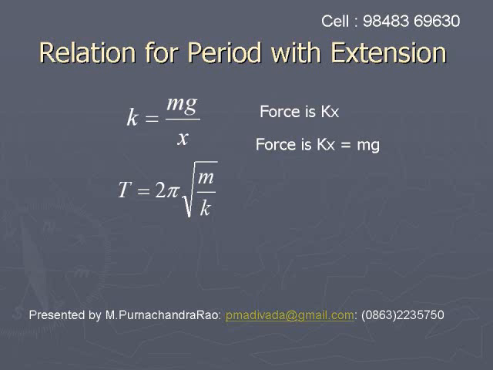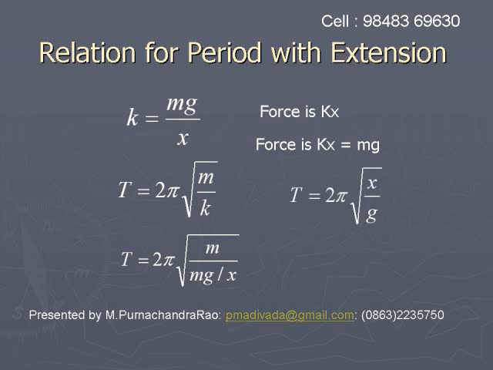The relation for period T is equal to 2 pi root m by k. Replacing k with mg by x, we get T is equal to 2 pi into square root of m divided by mg by x, which is equal to 2 pi root x by g.